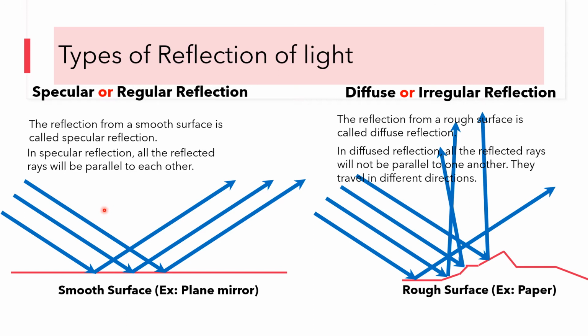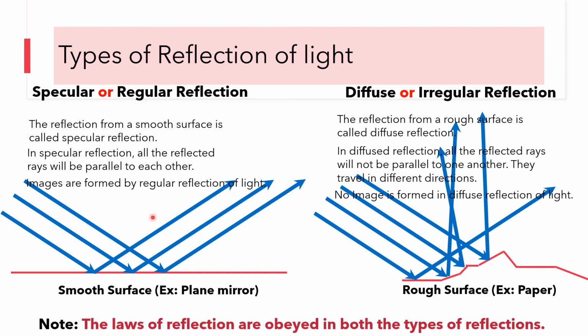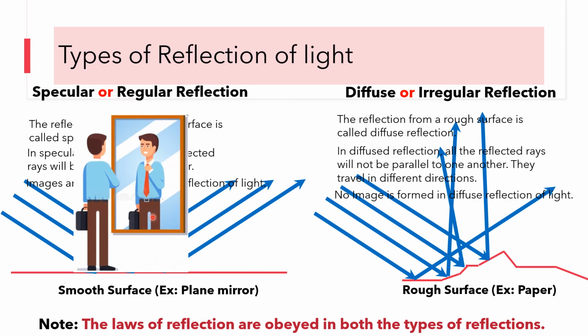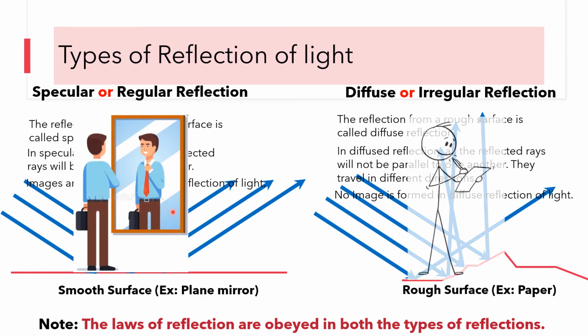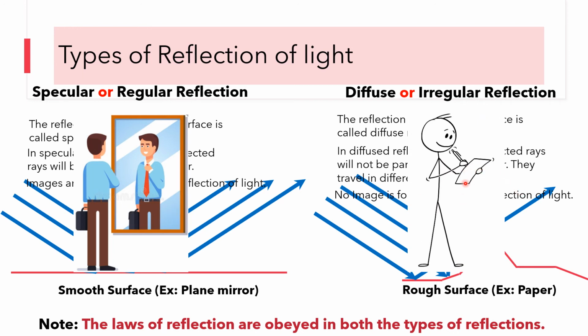In the specular reflection, clear images are formed, whereas no image is formed in the diffuse reflection. The best example is the images formed by the plane mirror, whereas in diffuse reflection, they don't form any image.